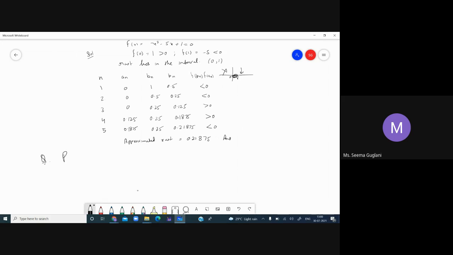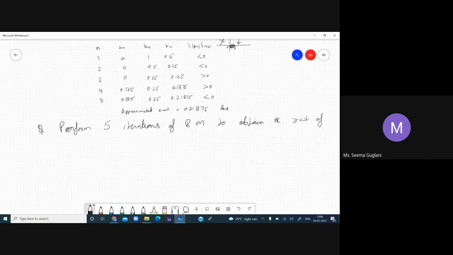Suppose we perform 5 iterations of the bisection method to obtain a root of the equation f(x) = cos x - x e^x = 0 in the interval 0 to 1.